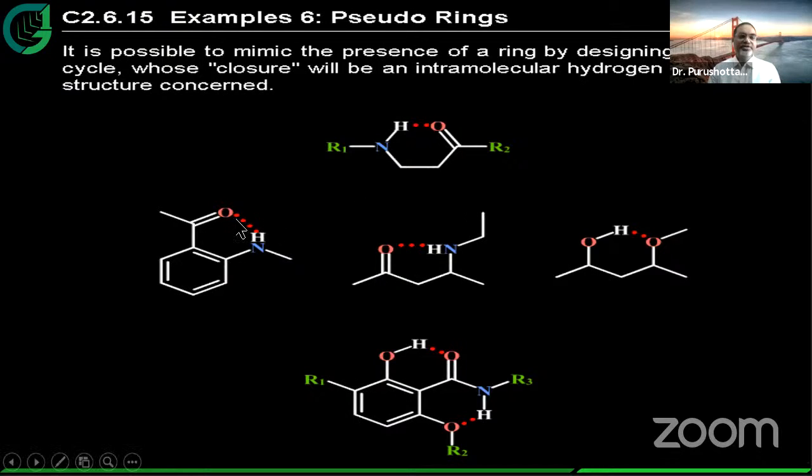These are not actually cyclic compounds, but they can make a pseudo cycle whose closure will be an intramolecular hydrogen bond in the structure concerned. So you could see that here we have 5 examples which are actually not rings, but they will form rings with the help of intramolecular hydrogen bonding.